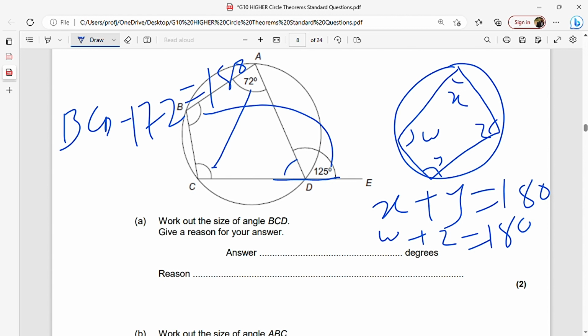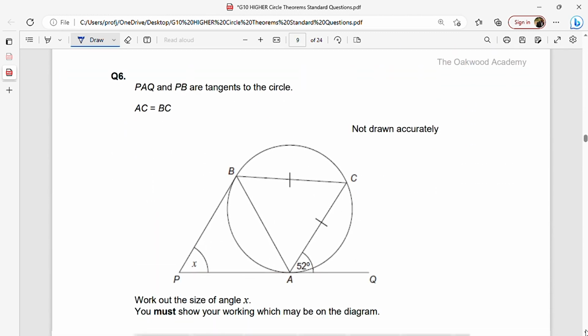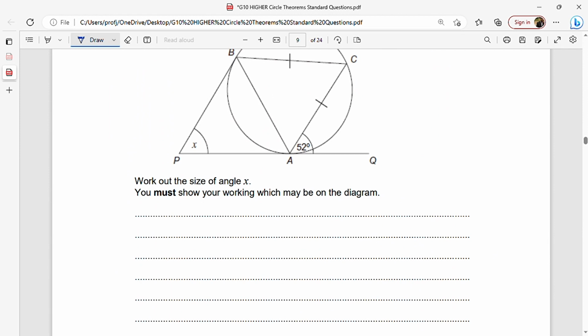Now, opposite angle of a cyclic quadrilateral, 180 minus 125, you will still, minus whatever you get here, you will still get this value. So that's why ABC is equal to ADE. Know this and know peace. Okay, and I'll stop my journey here on this question.